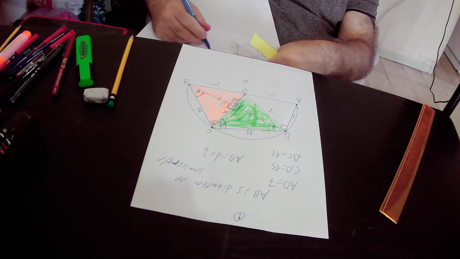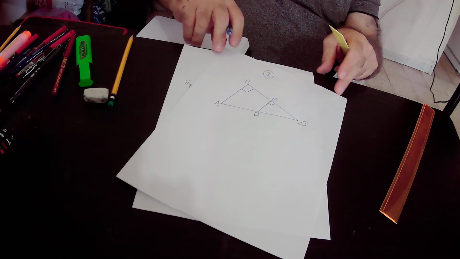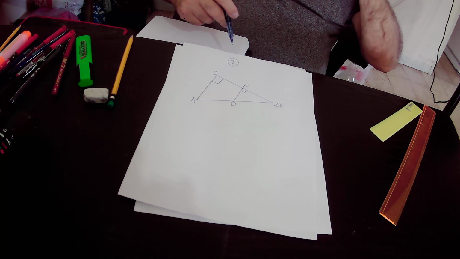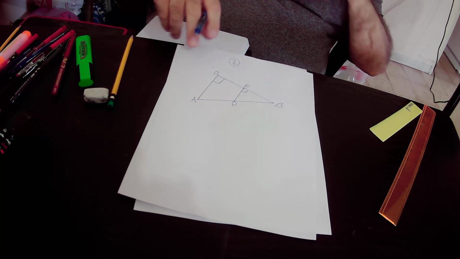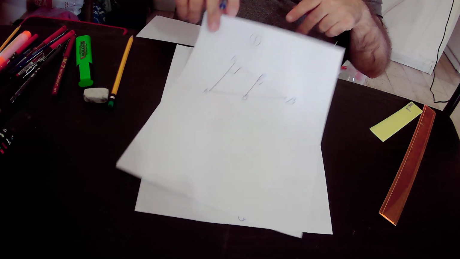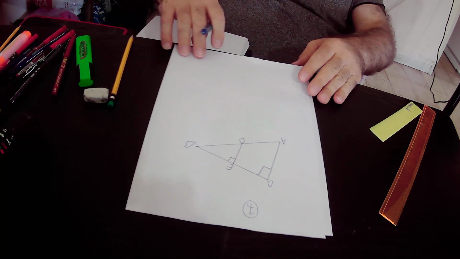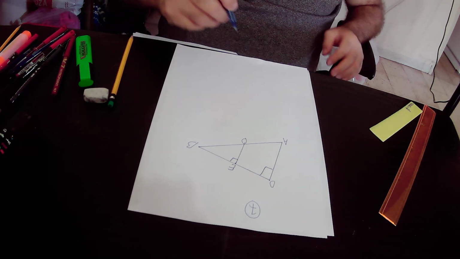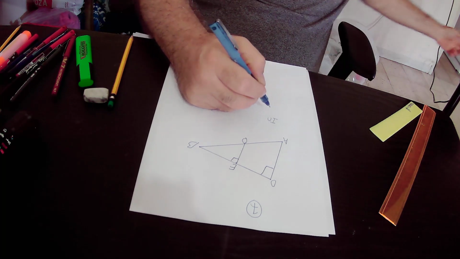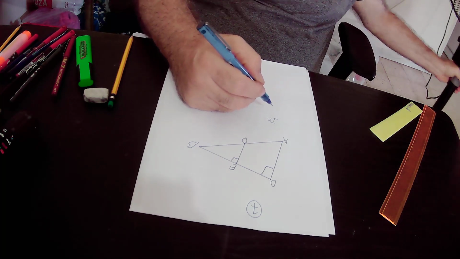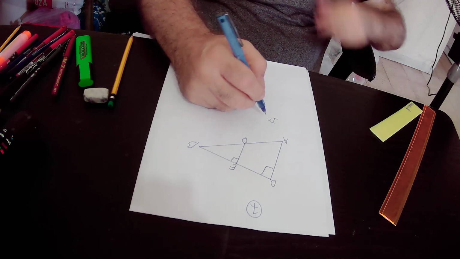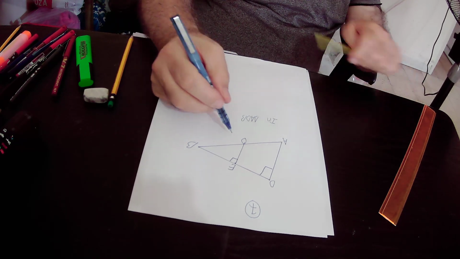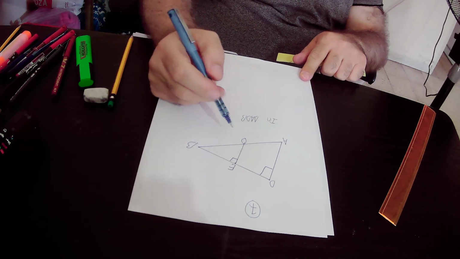So I draw again triangle ADB, and it also has a small triangle inside it. So we will focus on those two triangles, the big triangle and the small triangle, triangle OEB.